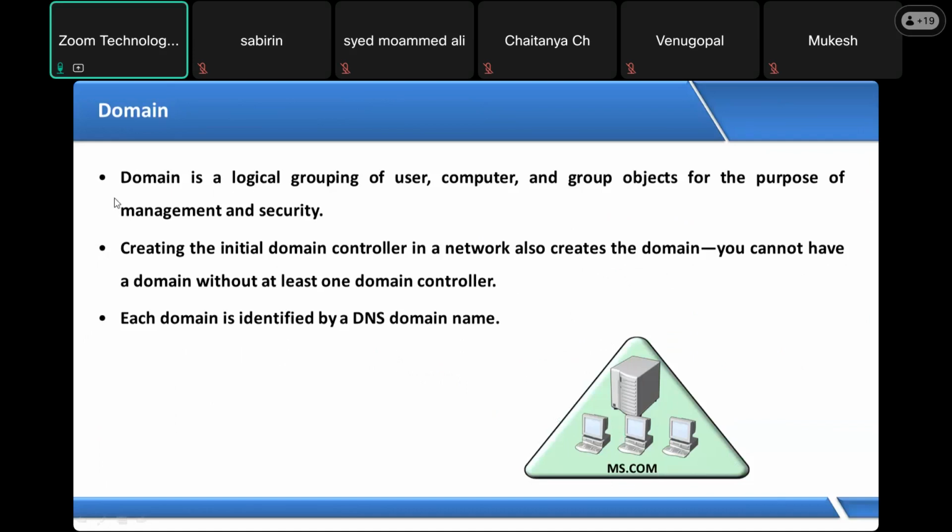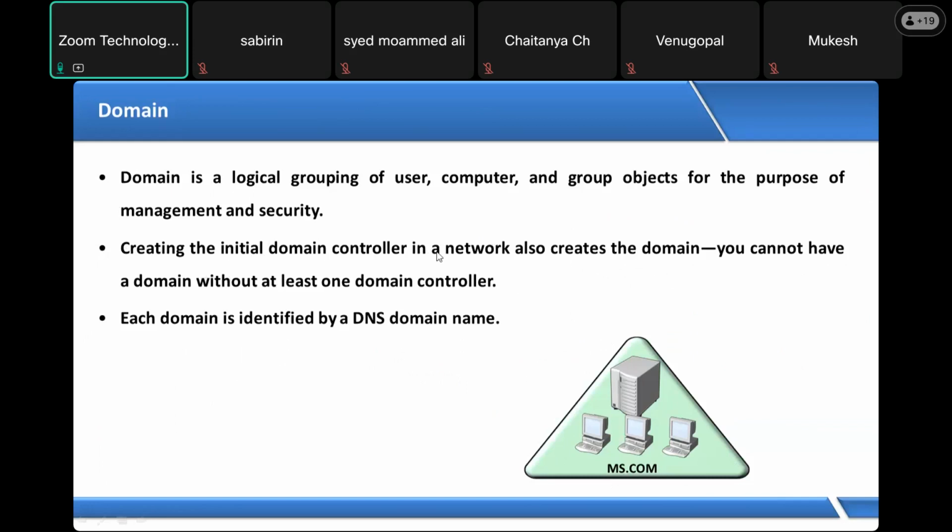Now you can understand the second point: creating the domain controller. After installing the ADDS, what do you have to do? Configure. Configure is also called promote. While configuring or promoting the domain controller, what happens?